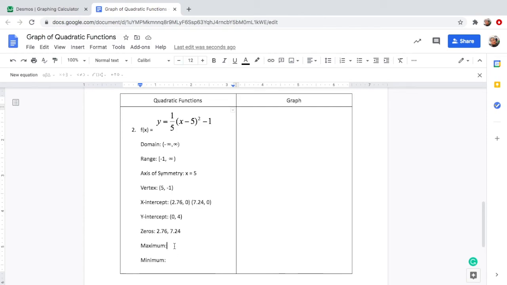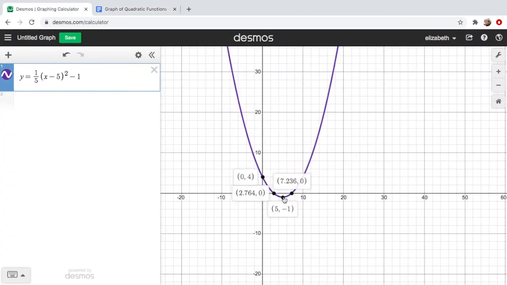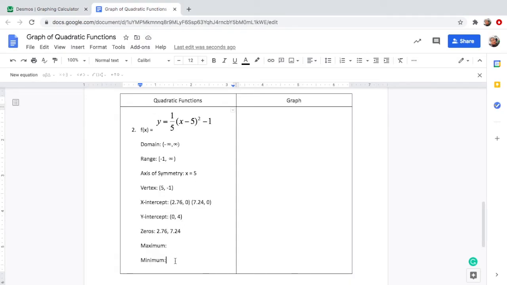Now, the question is, how's the graph? Does it have a maximum value or minimum value? The graph opens upward, the vertex is at the lowest, so therefore, it has a minimum value. For the maximum, just put none. Okay? Now, the minimum and the maximum value is the y-coordinate, and we can find that at the vertex.